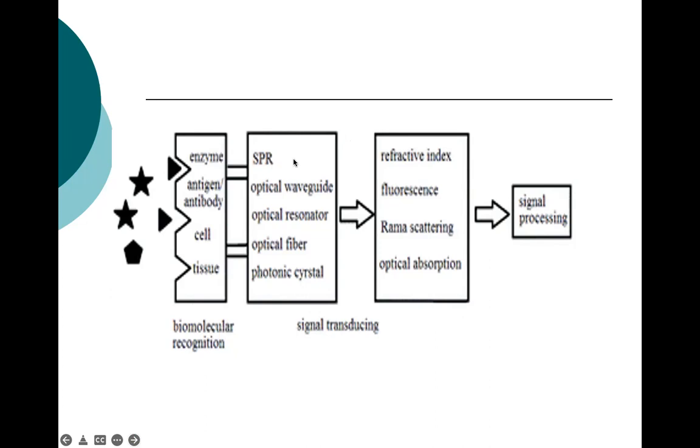SPR stands for surface plasmon resonance. Okay, I'm not really familiar. I know the technique, but I haven't done any work on SPR. But I can explain to you the fundamentals.